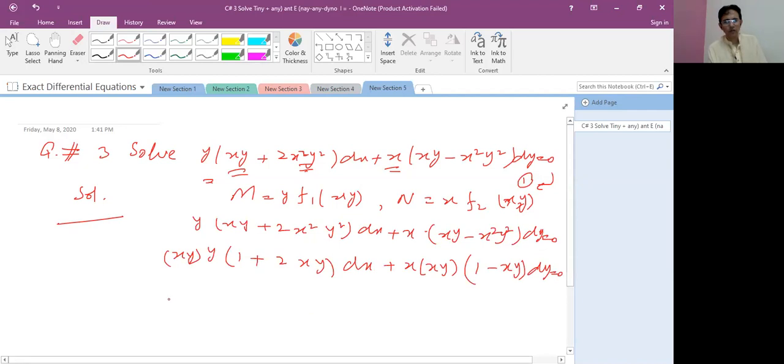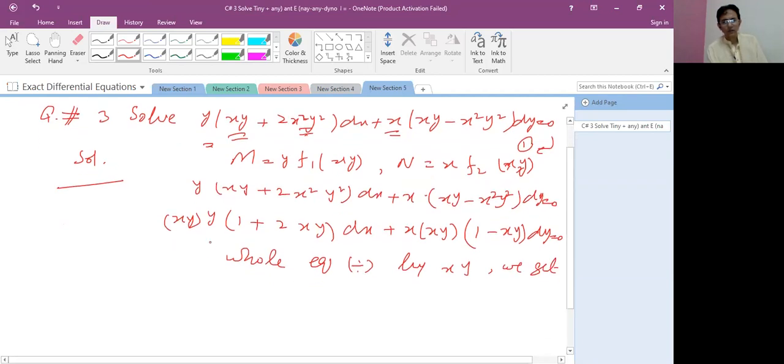In the next step, the whole equation is divided by xy. We get y into 1 plus 2xy into dx plus x into 1 minus xy into dy, which is equal to 0.